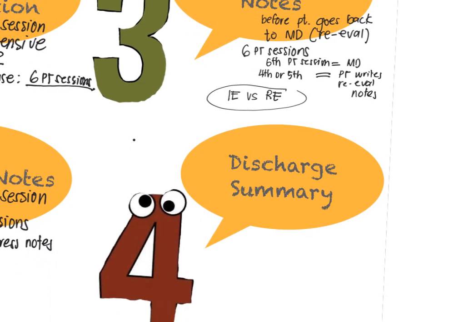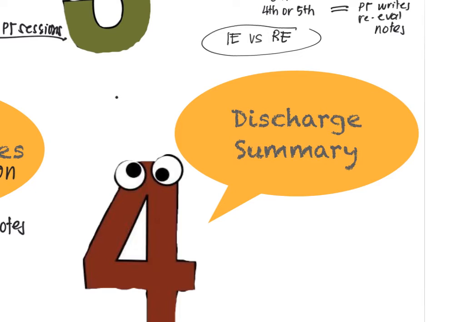Okay, and the fourth type of the PT note is what you call the discharge summary. So when do we write the discharge summary? When the doctor now says that the patient is now ready to be discharged from PT.